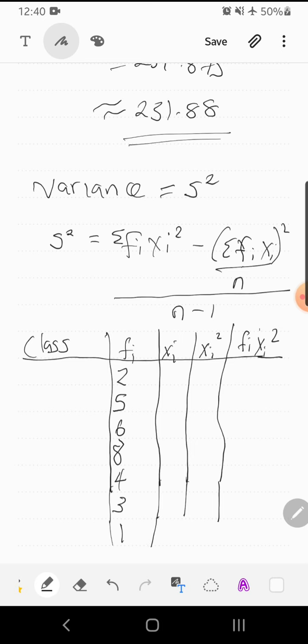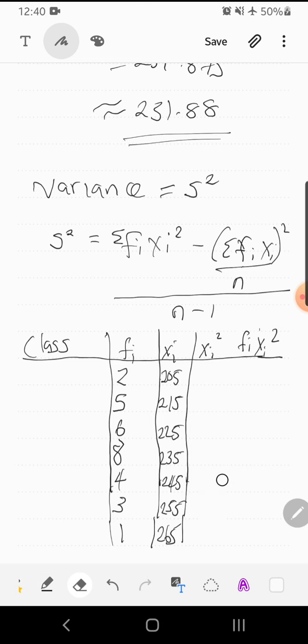And the midpoints, we have 205, 215, 225, 235, 245, 255, and 265. Okay, so now we need to square these values.